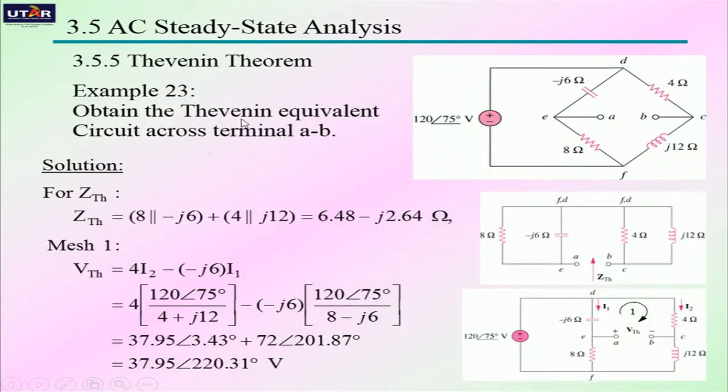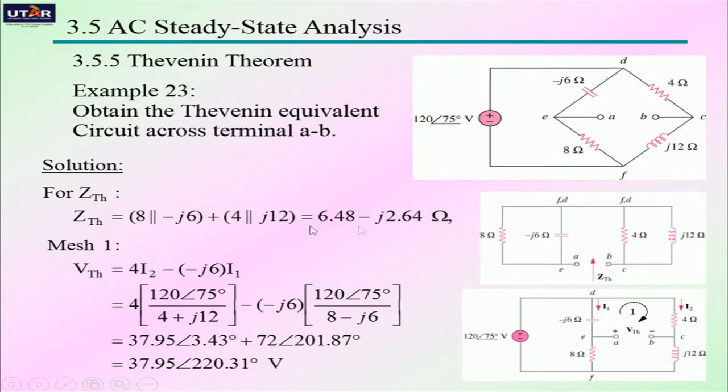Thevenin's theorem involves Thevenin's voltage and Thevenin's impedance. The same method is applied here as the one we used for DC analysis. First, to find Thevenin's impedance, we remove the voltage source by treating it as a short circuit. Then we can find Thevenin's impedance. By removing the load at A and B, we find the voltage across these two nodes, A, B, which is Thevenin's voltage.